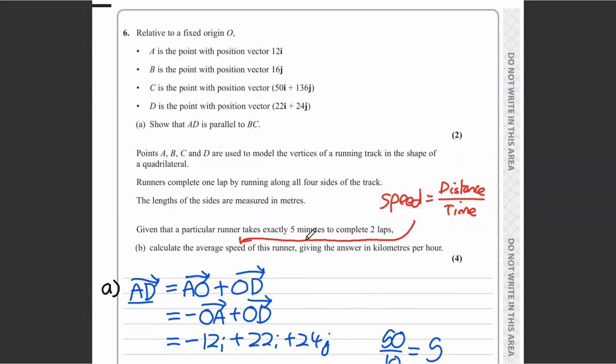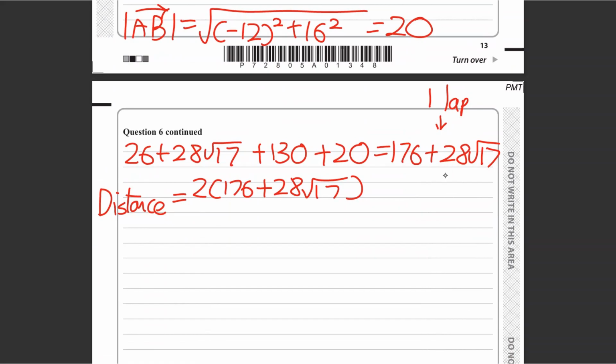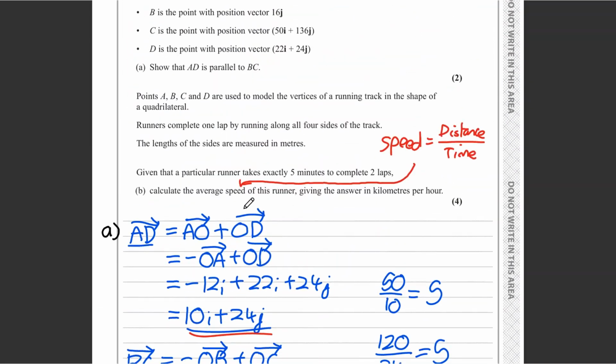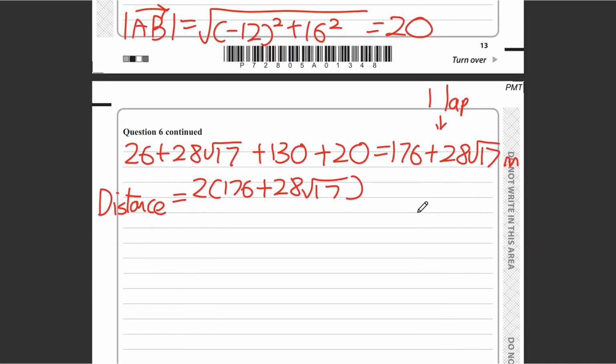However, there's an important thing we need to consider here. We are told that the length of the sides are measured in meters. So this number here is in meters. However, we are told that we need to calculate the average speed of this runner, giving our answer in kilometers per hour. Now remember, in order to get from meters to kilometers, you have to divide by 1,000.